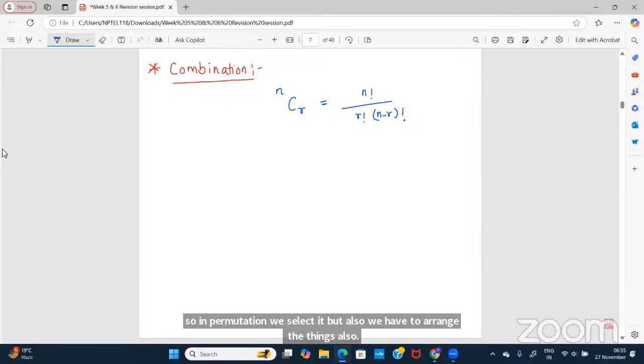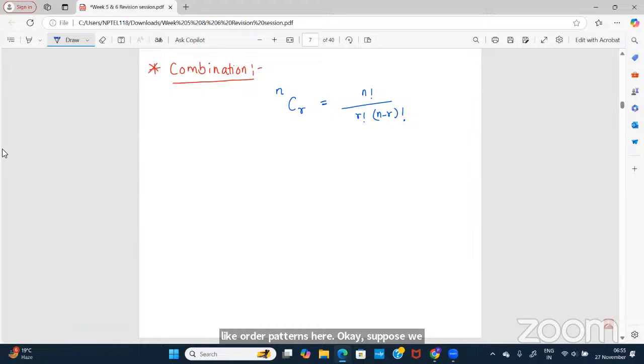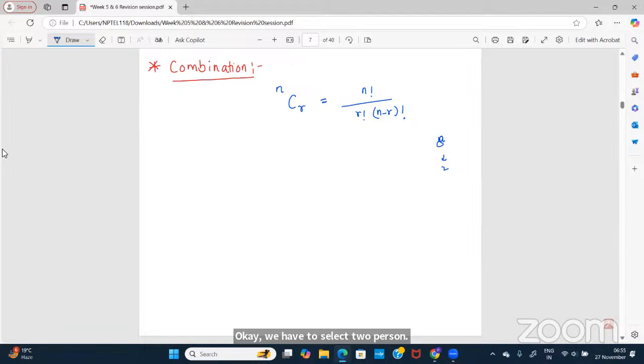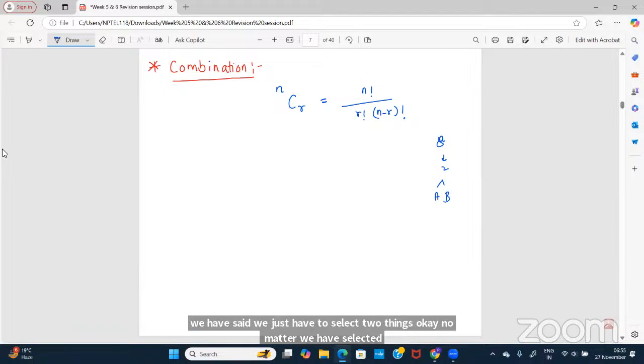Suppose we have n distinct objects. Suppose we have 8 objects, and we have to select 2. It does not matter; we just have to select two things, no matter whether we selected A first or B first. Then we use combination.